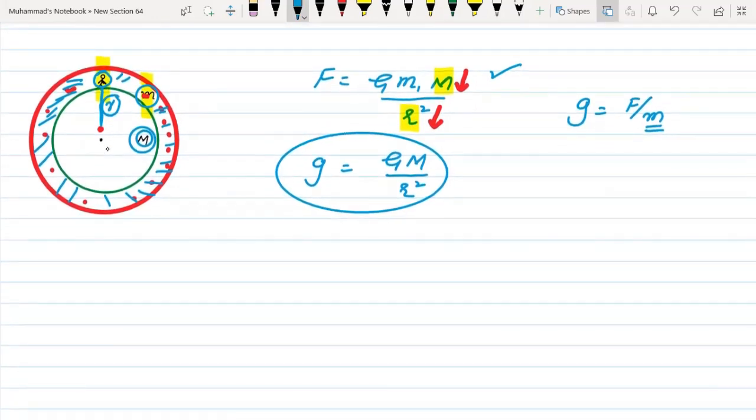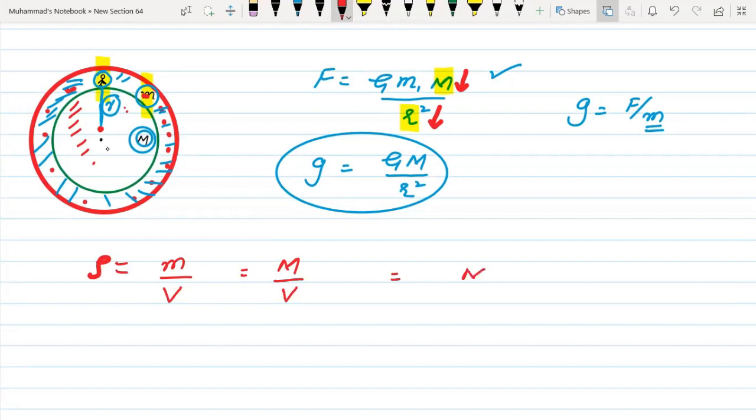So we have to convert these two variables in terms of a single variable. You know that density is mass over volume. Density is mass per unit volume. Okay. Density of this part we are talking about.